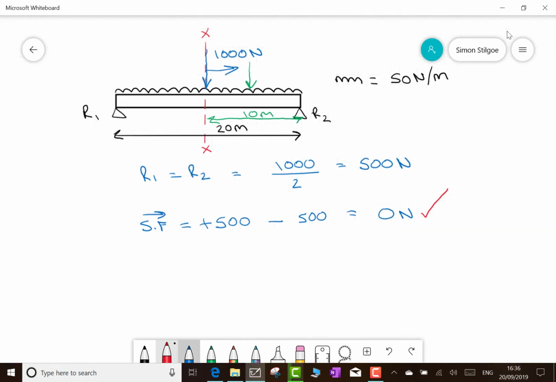So for the bending moment then, let's go the same direction as we went for our shear force and go bending moment to the right. Now the bending moment here is going to be coming from our little formula of moment is equal to force multiplied by distance. And that little formula defining what our moment is going to be is what we'll apply to get our bending moments.